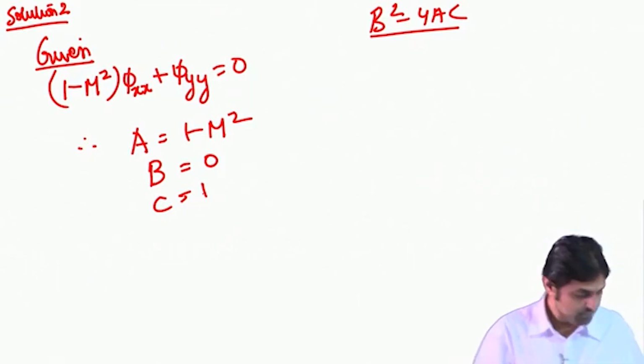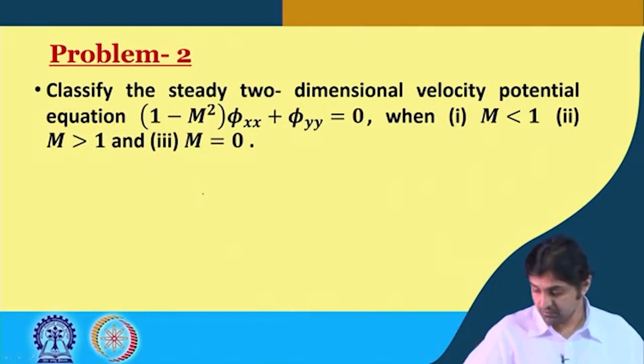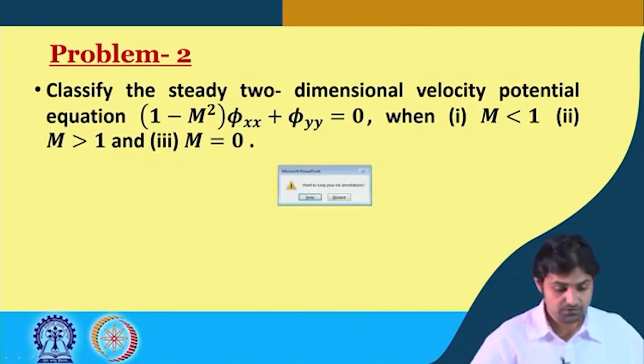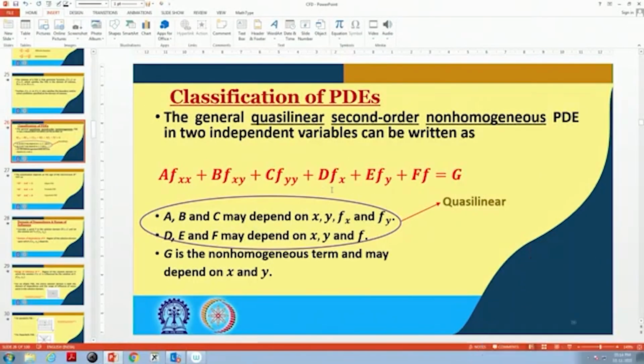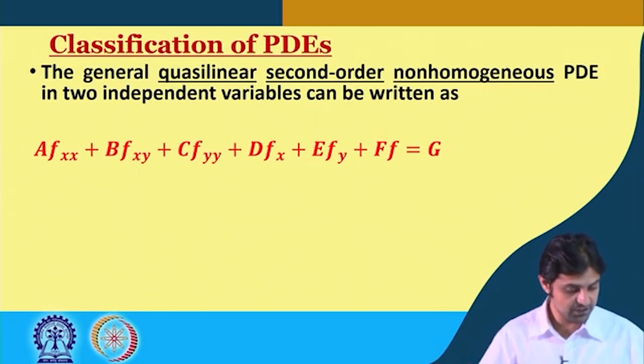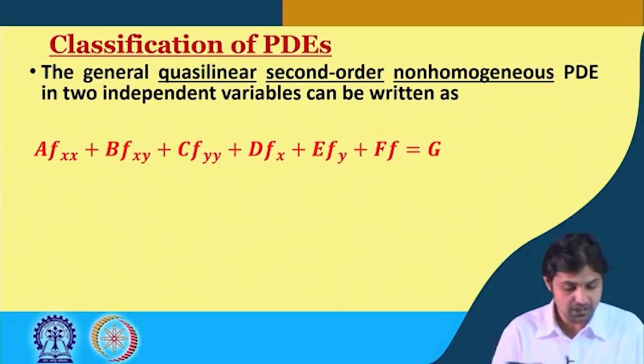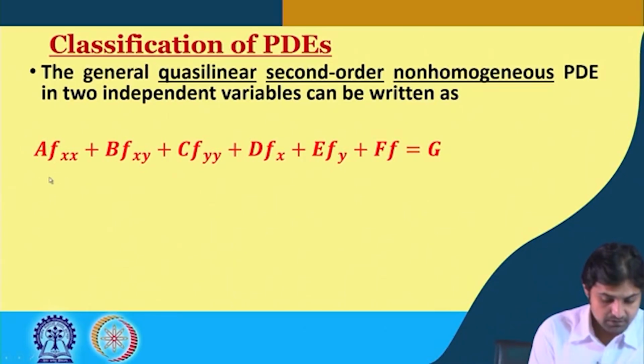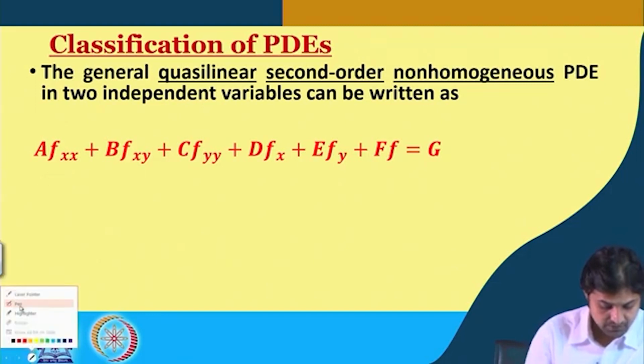Let me take you to that, because that is quite an important thing to see. A f x x plus b f x y plus c f y y plus d f x plus e f y plus f f is equal to g. So you see our equation, I will write it down here.